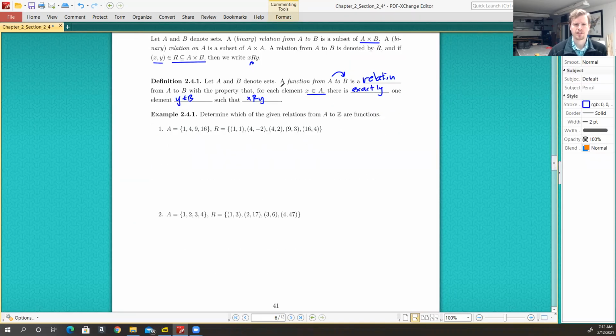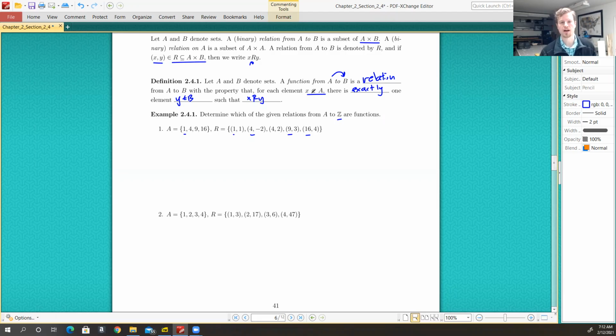All right, so let's take a look at a couple of examples here. We've got a set A given to us and a relation. In this case, the relations are from A to Z. So we want to make sure that we have everything in A and that nothing in A is repeated. Simple as that. A has 1, 4, 9, 16. So we satisfy the part that we have each element x in A: 1, 4, 9, 16.